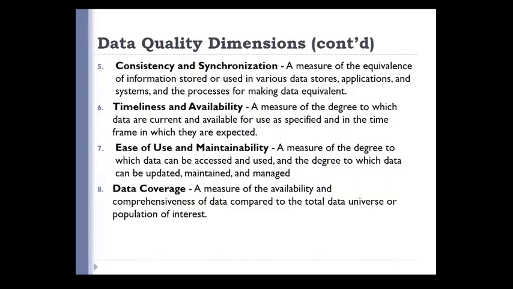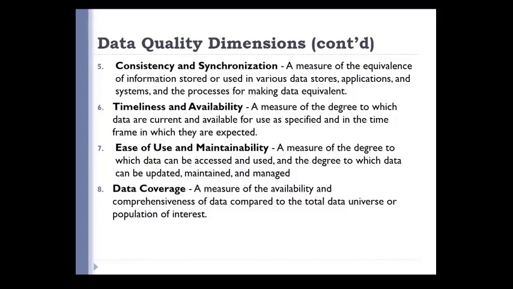Then the next one is consistency and synchronization, which is a measure of equivalence of information stored or used in various data stores. Okay, so it's consistent across systems or within a system. Okay, and timeliness, your data is available when it's needed.